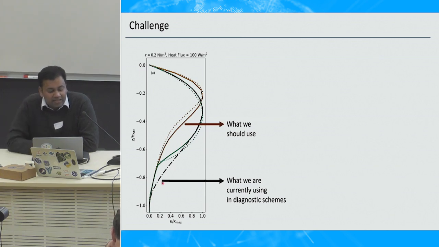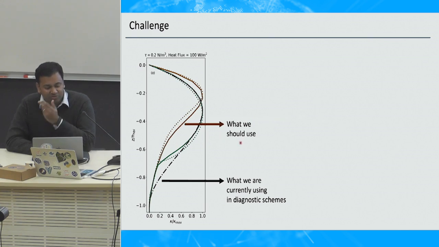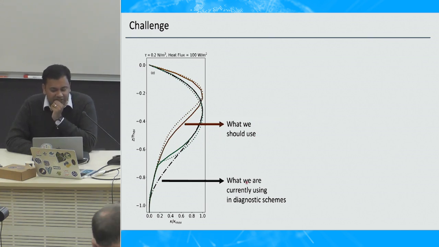And in diagnostic schemes, generally we have this black dash-dot line, which doesn't respond very well to forcing, as in the structure of this diffusivity remains almost the same. But if you look at the same diffusivity in higher moment closures, there is some response to forcing, as in the location of this maxima might change, and the magnitude might be as per some TKE based equation. And so this is ideally what we should be using, but we are stuck with these kinds of schemes.